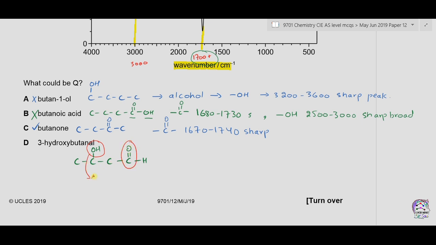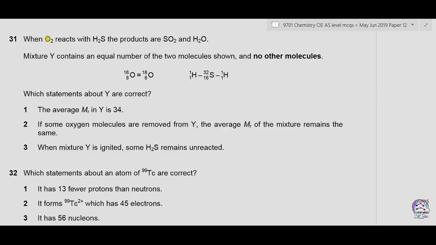The peak for OH must be between 3200 to 3600 sharp, and the peak corresponding to carbonyl carbon should be between 1670 to 1740 sharp. As this peak is absent, so therefore it is not 3-hydroxybutanal, so the only option that could be correct is C.